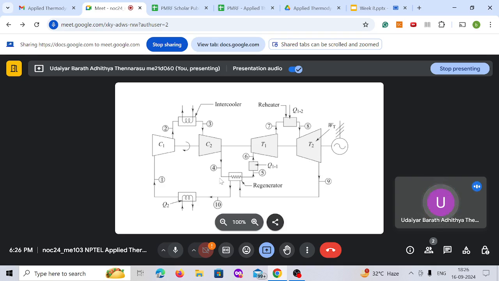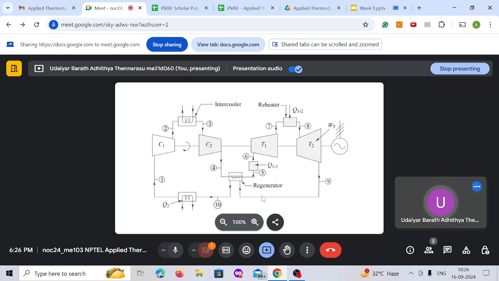So with this, the cycle is operating the same, but the amount of heat which has to be added has gone down by employing a regenerator. Your state 6 is remaining same and your state 9 is remaining same, so there is no change in the states between the expanders. The turbine will operate between the same conditions with or without the regenerator.